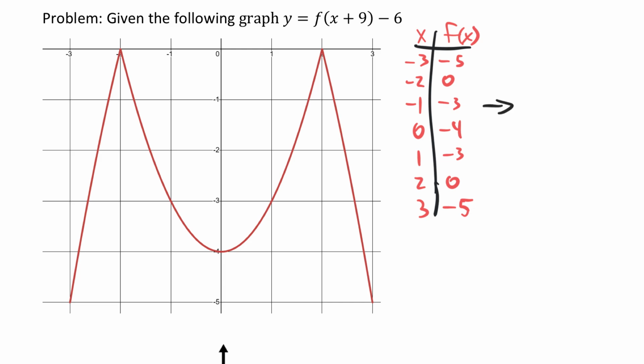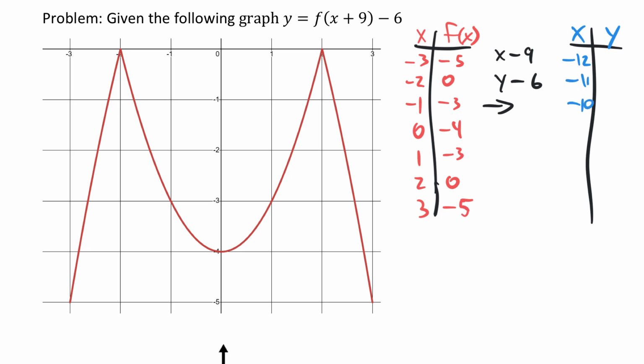And here we can transform it, where for the x, we're going to subtract 9, and for the y values, we're going to subtract 6. So go ahead and pause the video and come up with a new table here. All right, assuming you give this a try, the x values should become -12, -11, -10, -9, -8, -7, -6.